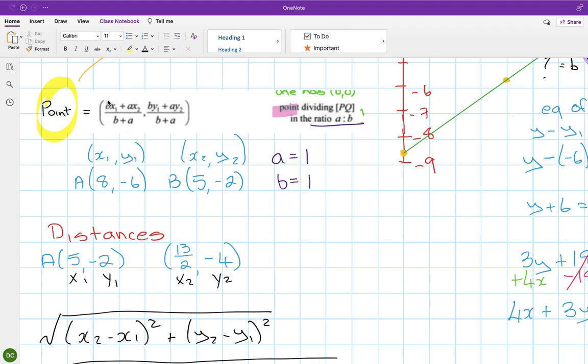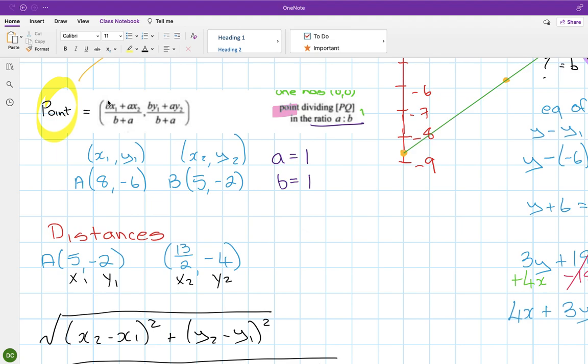So we have the point is B is 1, and then x1 is 8, plus A is 1 and x2 is 5, and that's over B plus A, which is 1 plus 1.